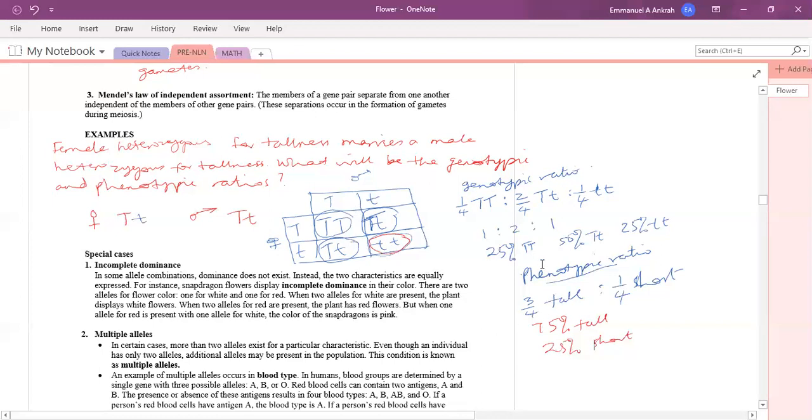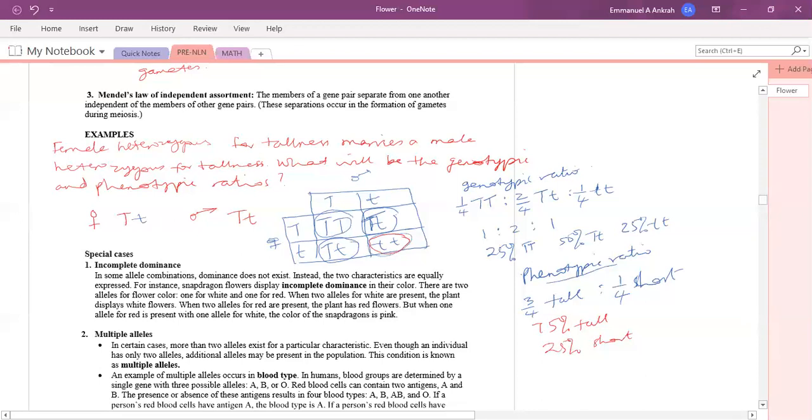In that case, you can work backwards using the answers that have been given to you. You do the crossing and see if you can get the ratio. Okay, so that'll be the backwards approach to answer this question. I believe we're going to see one question like that shortly. Yeah. So that should be enough for the Punnett Square, how to use the Punnett Square to generate the different possibilities.